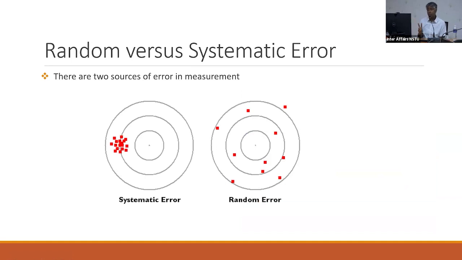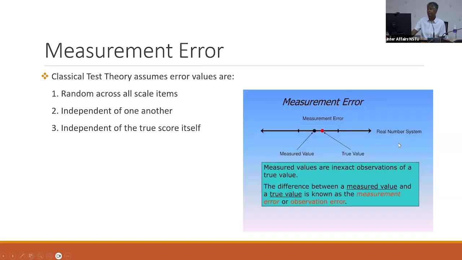So there are two sources of errors: random error that we would expect in all types of measurements, and systematic error. Which of these is more of a problem, systematic error or random error? Random error is what we would expect from classic test theory, that all items have some level of random error.